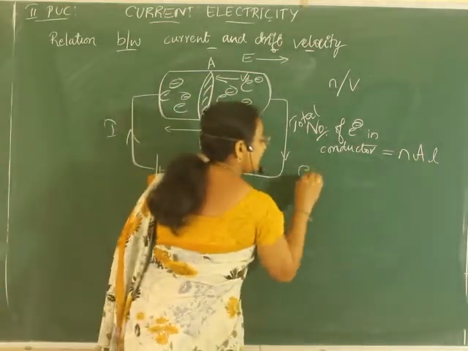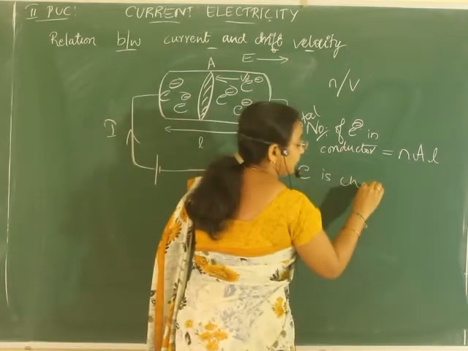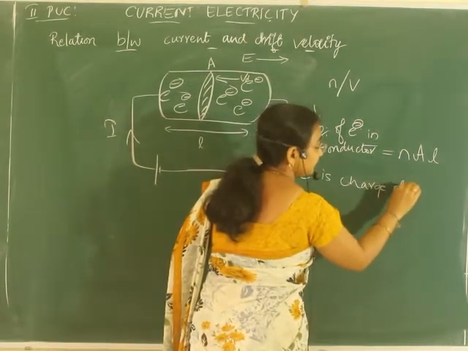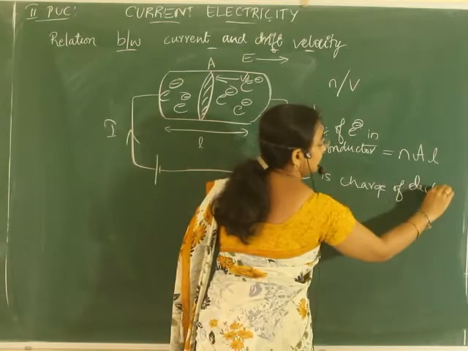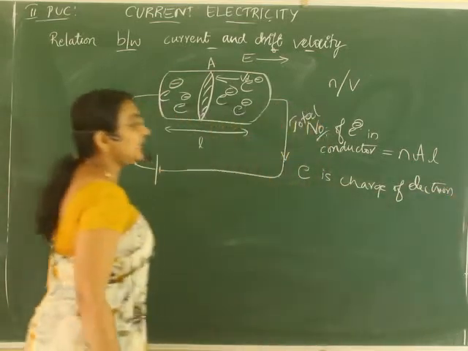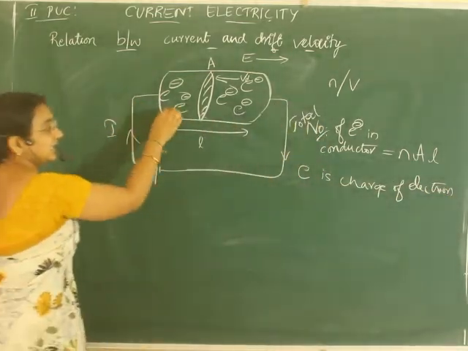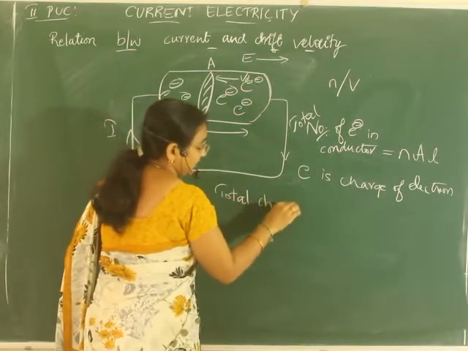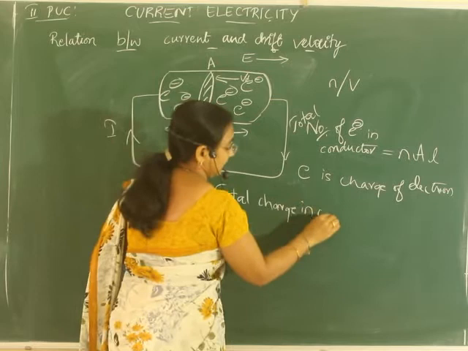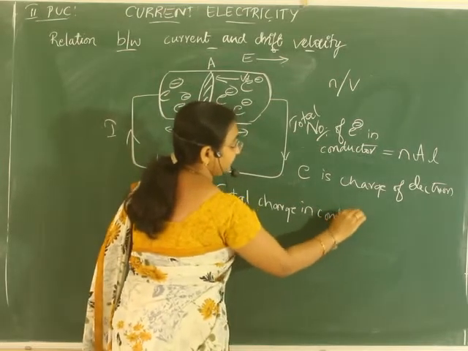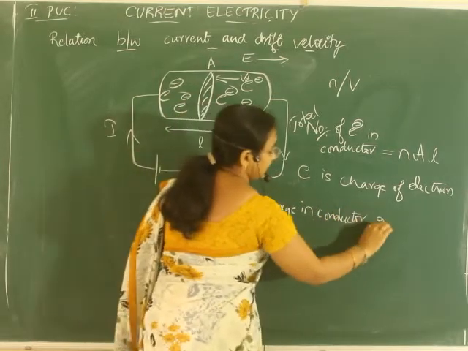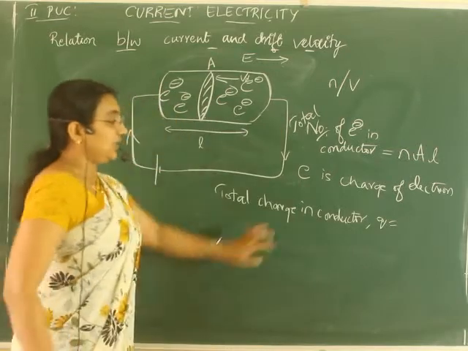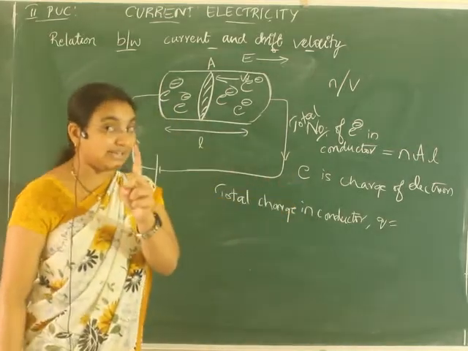If e is the charge of an electron, then what is the total charge present in this conductor? Total charge in conductor, I'll write it as Q, is equal to e, the charge of a single electron.